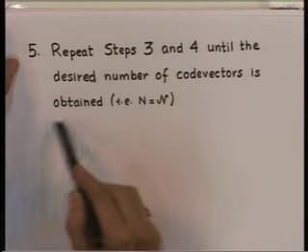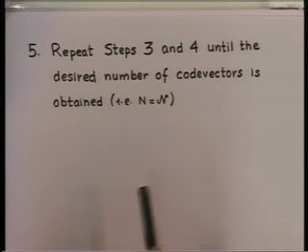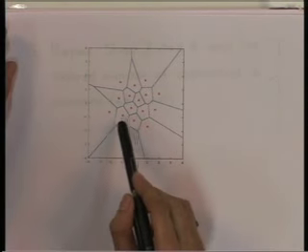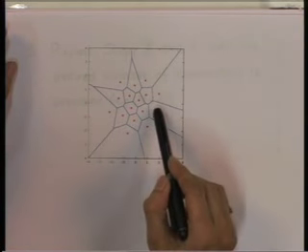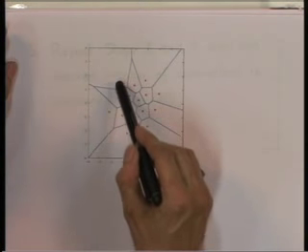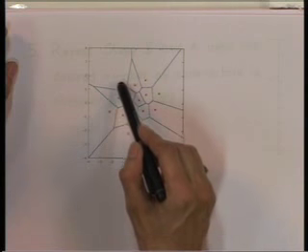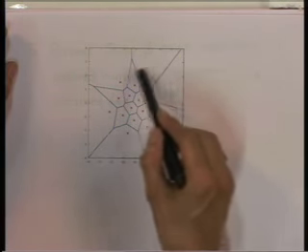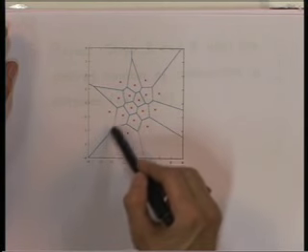This way we repeat steps 3 and 4 until the desired number of code vectors is obtained. As an example, for the case of 2 dimensions, finally we will obtain the code book in the form of code words or code vectors indicated by the red asterisk, and the Voronoi regions whose boundaries are indicated by the blue lines.